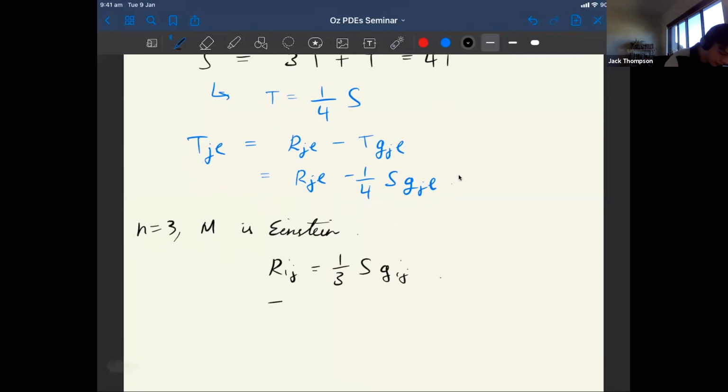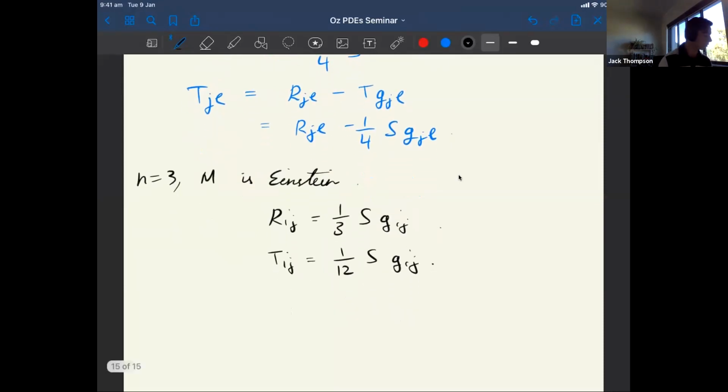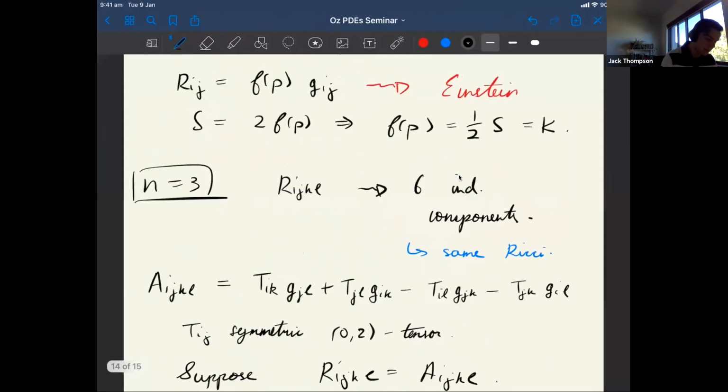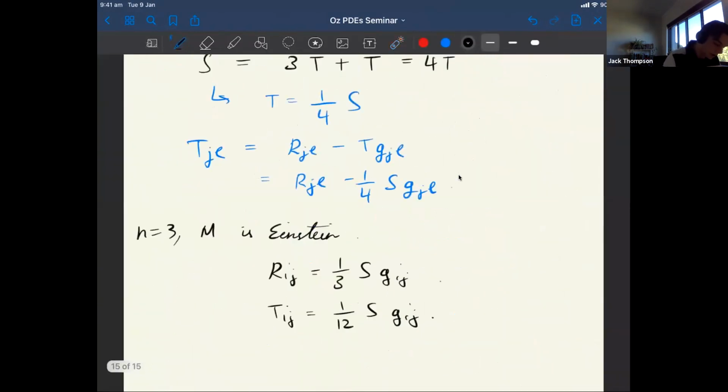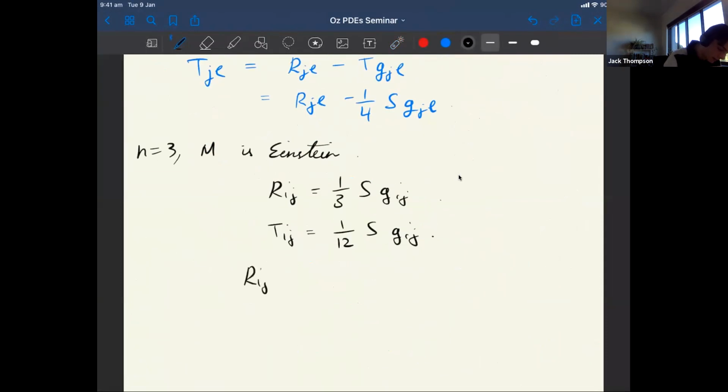And so therefore I plug this into my formula above and calculate that this T_{ij} has to be the following. And then I substitute this back into this formula, which is equal to my Riemannian curvature. And I obtain that I can express my Riemannian curvature in this way.